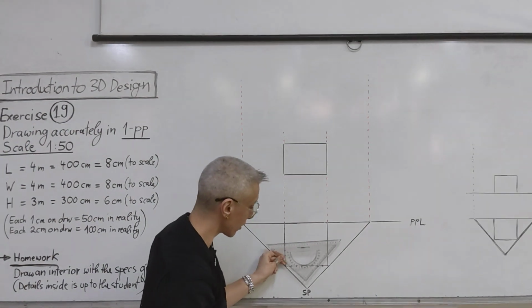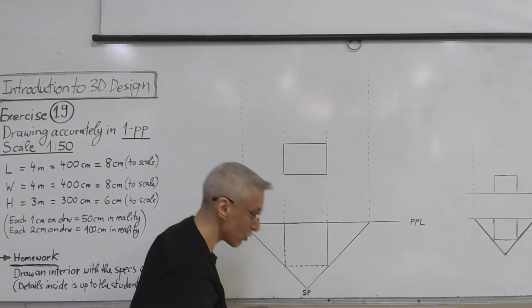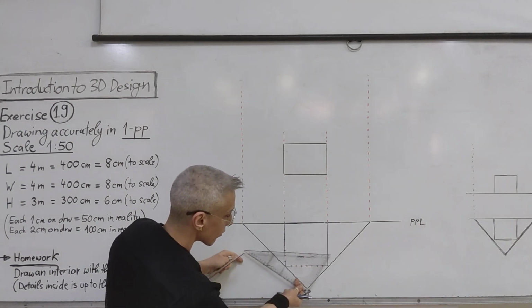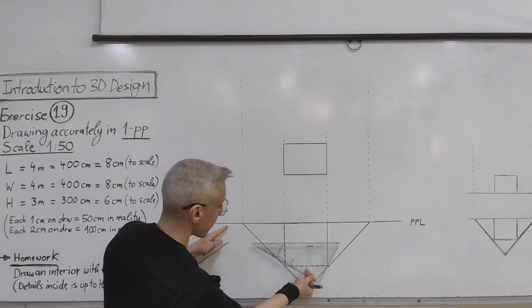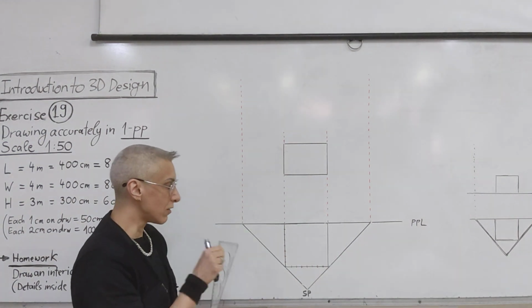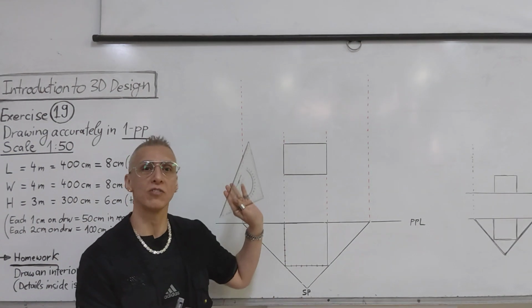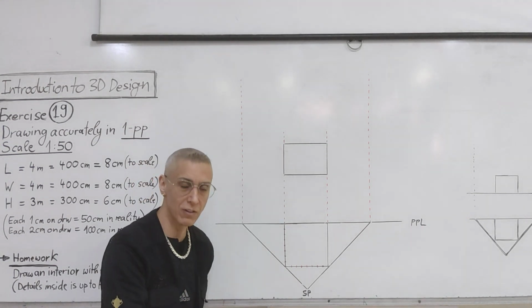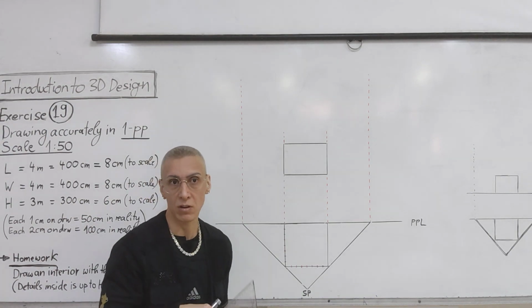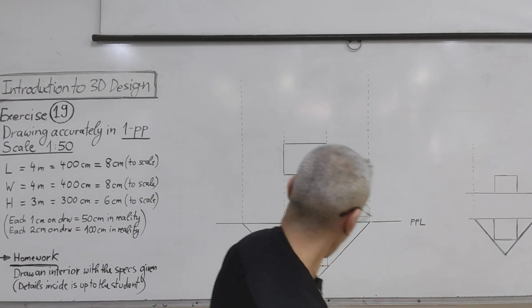So this is something to look for, but you can use another ruler as long as this is parallel here. So the points will depend on where you are standing. But in this exercise, we will put everything in the middle, just to understand the method, and then in the future, you can experiment with different ways of drawing.